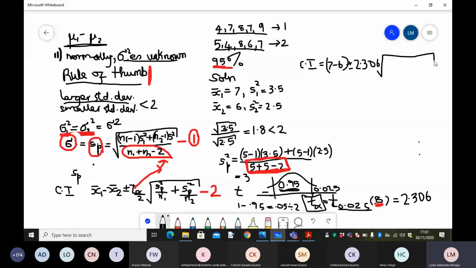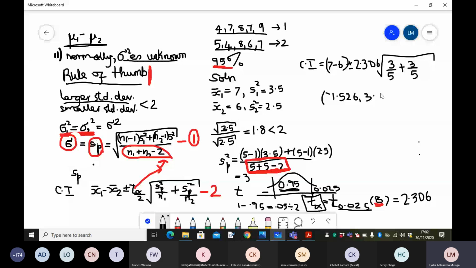what is SP squared? It is 3. That is 3 over 5, because N1 is 5, plus 3 over 5, and N2 is also 5. So the confidence interval will be minus 1.526 up to 3.526.